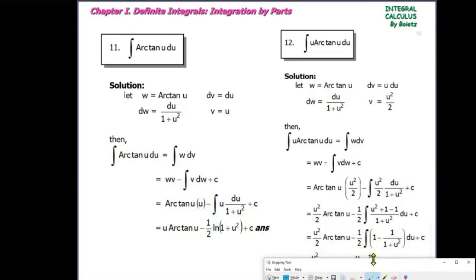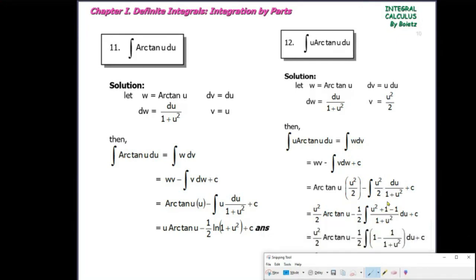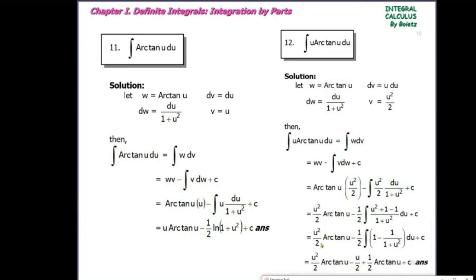So, mangyayari, pagsasamahin ko to, cancel dito yun, magiging u squared plus 1 minus 1 all over 1 plus u squared du. Kaya ito, u squared over 2 arctan u minus, ano integral nito? Negative 1/2, integral nitong du na lang yon, which is u over 2.